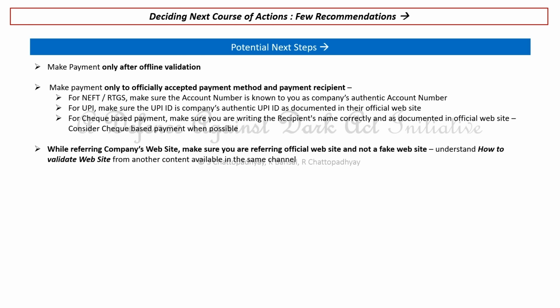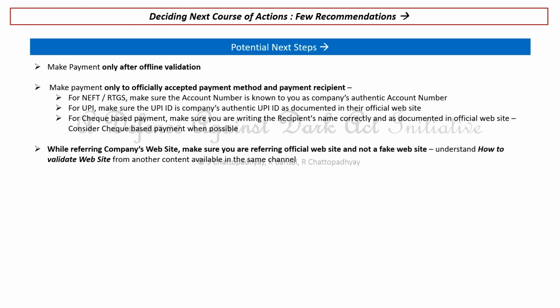It could be NEFT or RTGS, but if it is, then make sure the account number is known to you as the company's authentic account number. You can check the payment methods described on the company's website. You should have that assurance so that you know you are not making the payment to a fake account number.